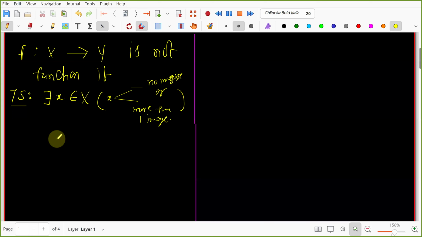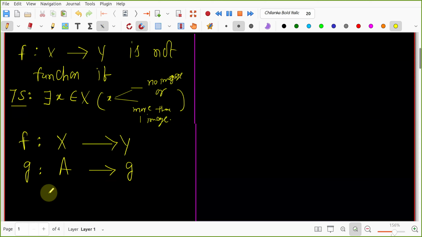What is this definition? F is a map from X to Y and G is a map from A to B, right? F is equal to G if... be quick, tick yes fast. F equals G if.